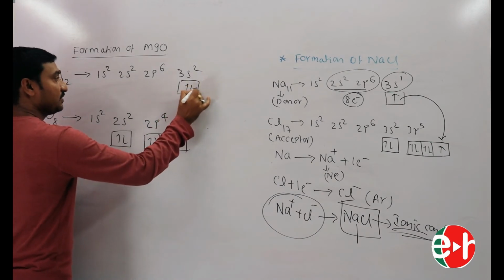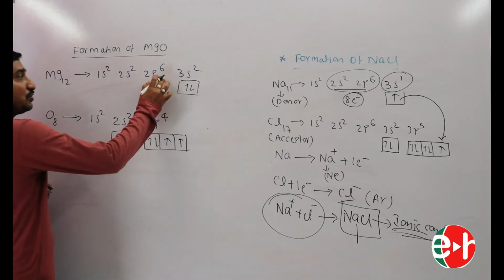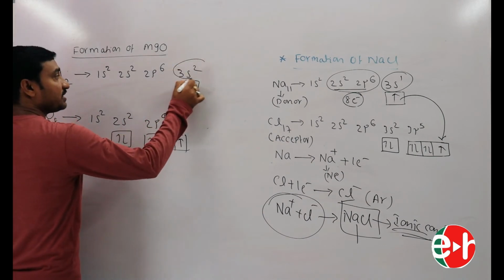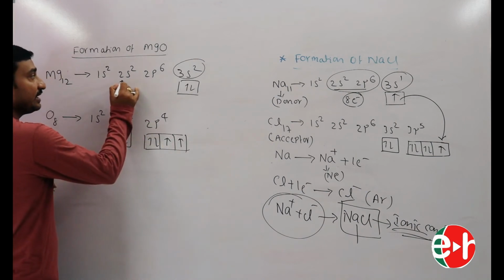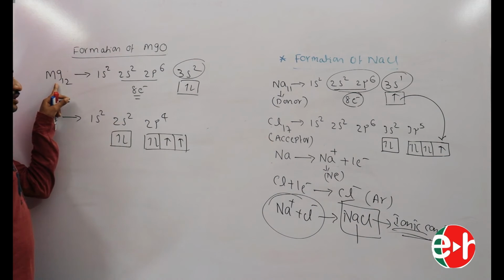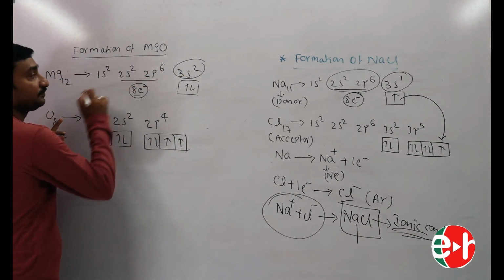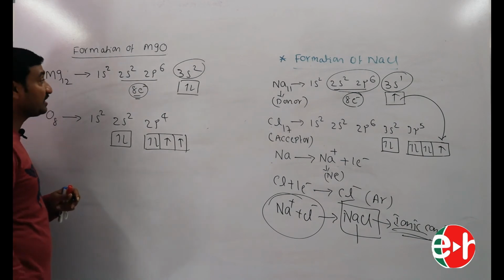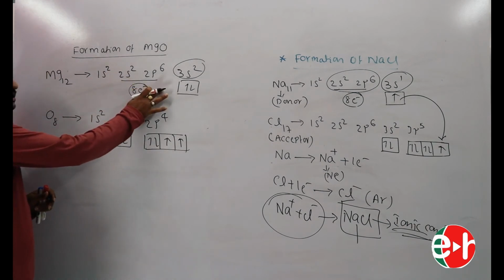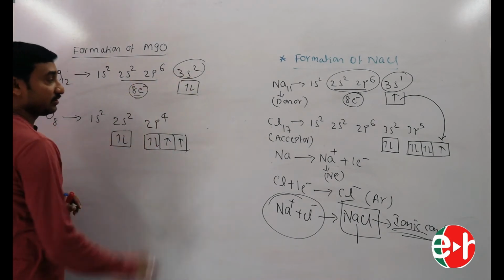See, observe this. In the magnesium atom, in the outermost shell, 2 electrons are present. In the inner shell, 8 electrons. That means it has 2 more electrons than octet configuration. So to get octet configuration, it is ready to donate 2 electrons.